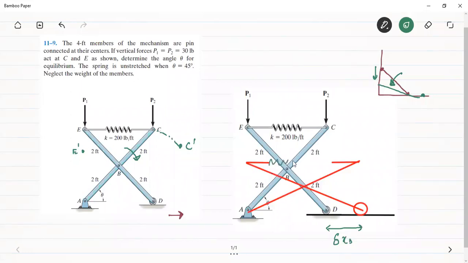There is a spring connected. This displacement will be delta y_E, and C will reach here. This is the final C. This is the final position of point E, and for the displacement, you can see there is X displacement as well, but we are not interested in that. We are interested in the displacement in the Y direction, that is delta y_C.